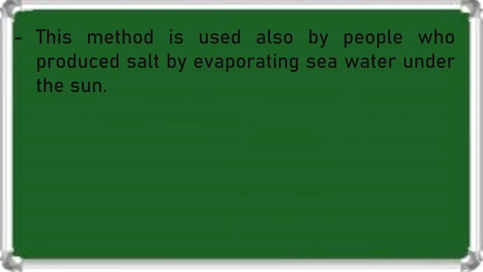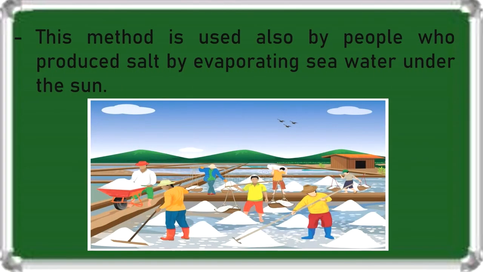So this method is also used by people who produce salt by evaporating seawater under the sun. So sa Pangasinan, kaya nga tinawag yung lugar na yan ng Pangasinan from the word asin. Yan. So may trivia na ako na binigay sa inyo. So sa Pangasinan maraming asin kasi ang trabaho dati ng mga tao dyan ay pag-aasin. So paano ba ginagawa ang asin?